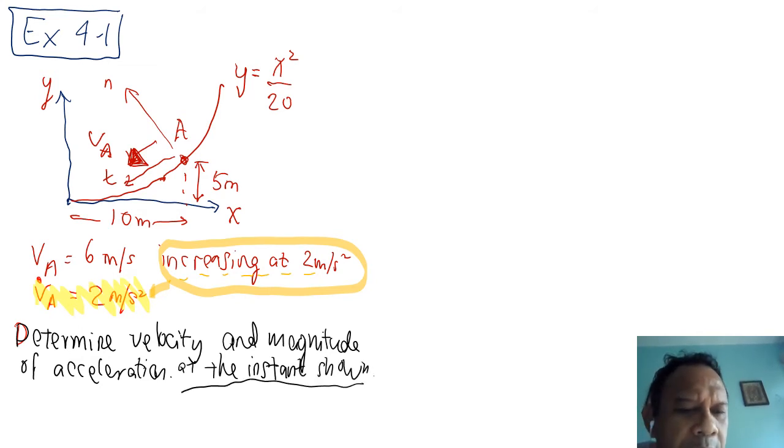So that's the question. Determine the velocity. So it's given that VA equals 6 meters per second.